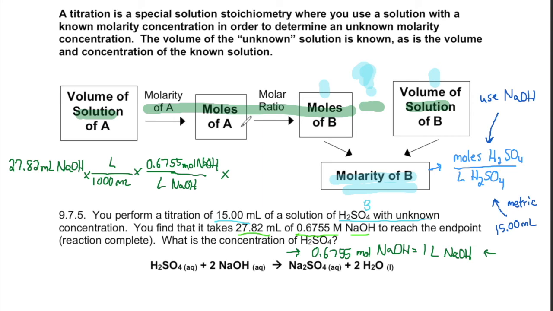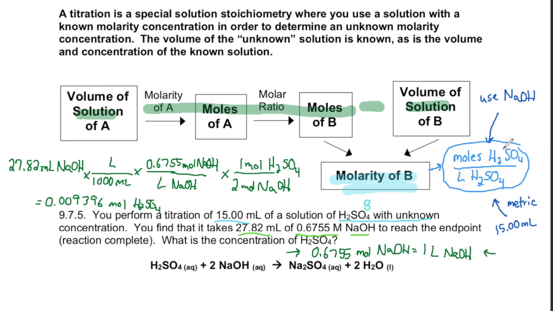So we're sort of at this step, and now we need the coefficients, the molar ratio, to get moles of our other substance, sulfuric acid. I've kind of run out of room, but the answer to this ends up being 0.009396 moles of sulfuric acid.